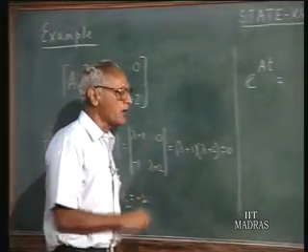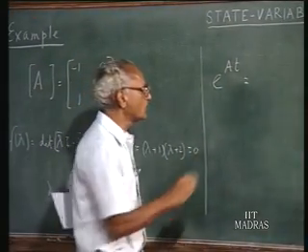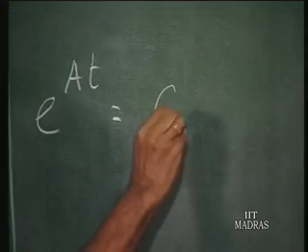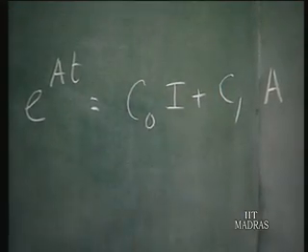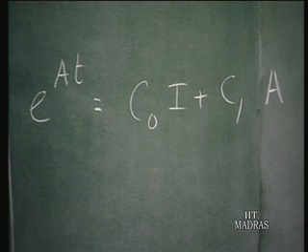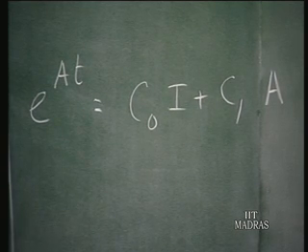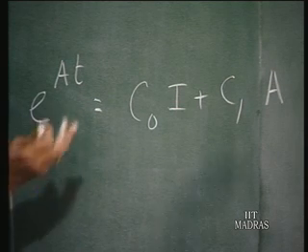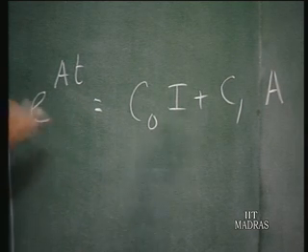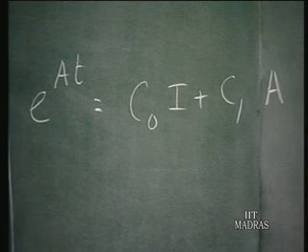Therefore the residual polynomial has degree 1. Therefore we write this as c naught I plus c1a. We take only the first degree because the characteristic polynomial is of degree 2. And we know that c0 and c1 are functions of t. We don't specifically exhibit that. We know that c0 and c1 are going to be functions of t.